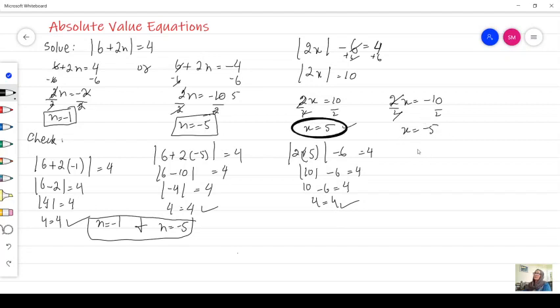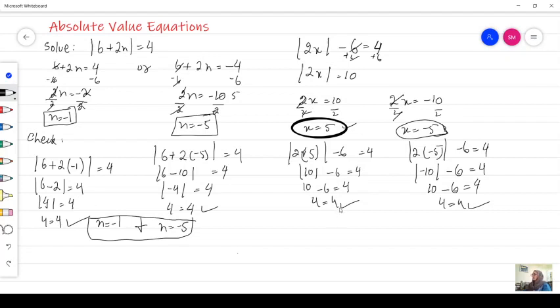Now I'm going to plug in the other one. The absolute value of 2 times negative 5 minus 6 equals 4. So that's negative 10 within the absolute value minus 6 equals 4. Take it out of the absolute value, it turns positive 10, and 10 minus 6 is 4, so 4 equals 4. That's true, which means this is also my answer. So we are good.